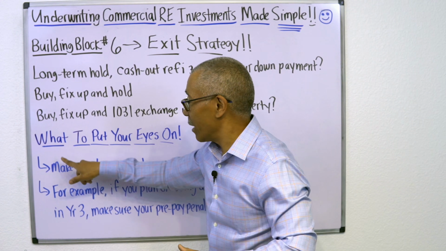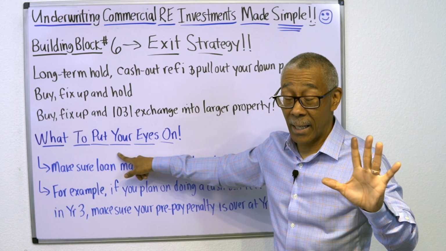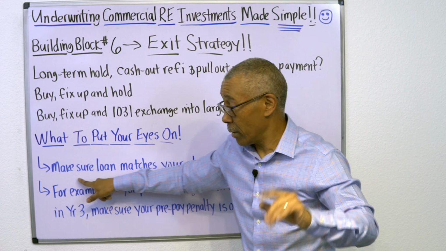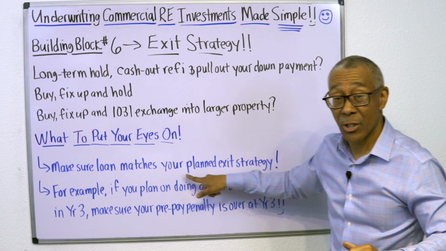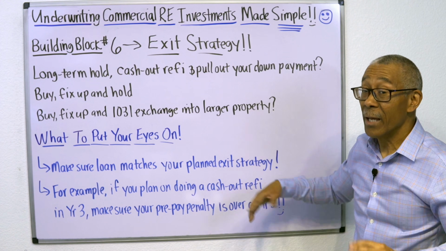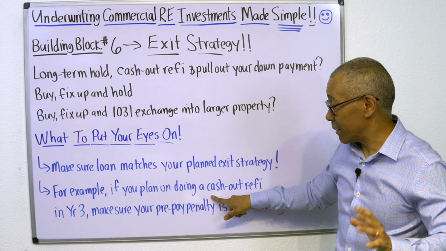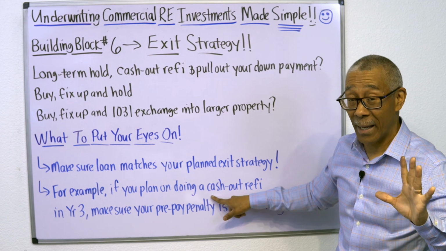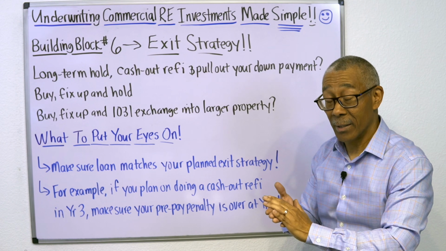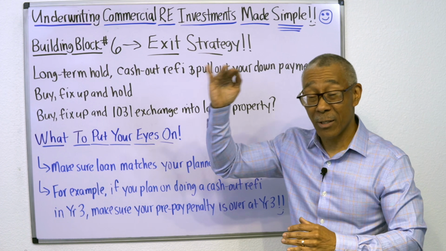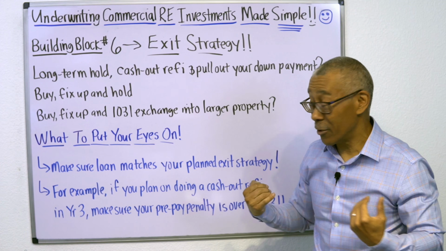All right, now here's what to put your eyes on. This is really important. I'll give you a quick example. Make sure your loan matches your planned exit strategy. Here's what I mean by that. For example, if you plan on doing a cash out refi by the 3rd year of owning a property, so you bought it, you fixed it up, it's worth more money now, and now you want to pull out your down payment.